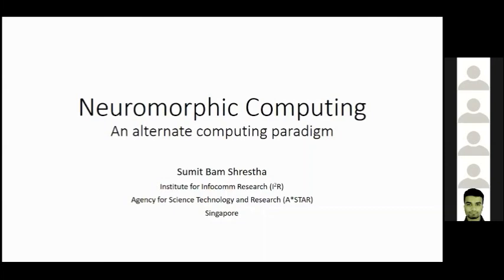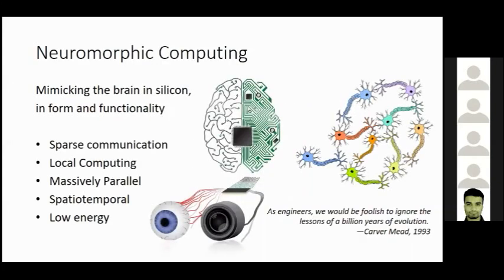So in neuromorphic computing, we use an extension of ANN, a small niche area called spiking neural networks. Basically, we increase the degree of biological realism one step further. Neuromorphic computing, as the name suggests, is you try to replicate what happens in a real brain in silicon, in form and functionality.